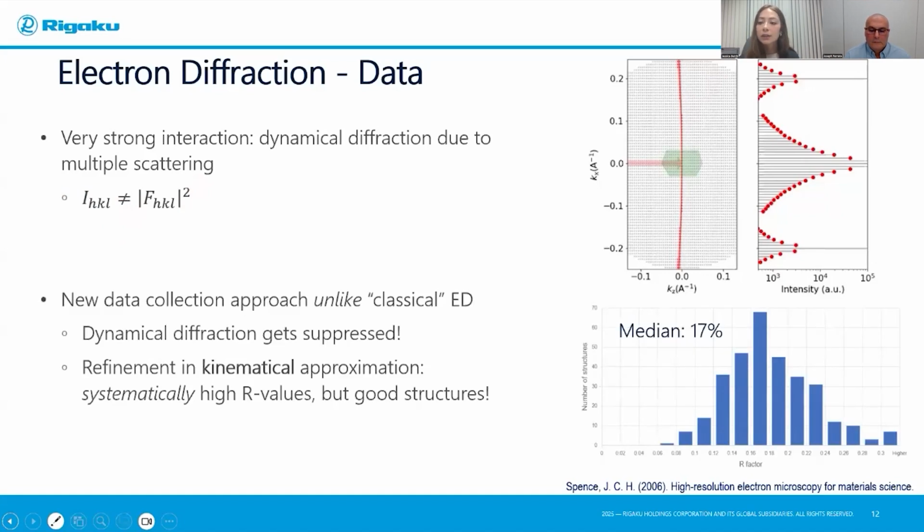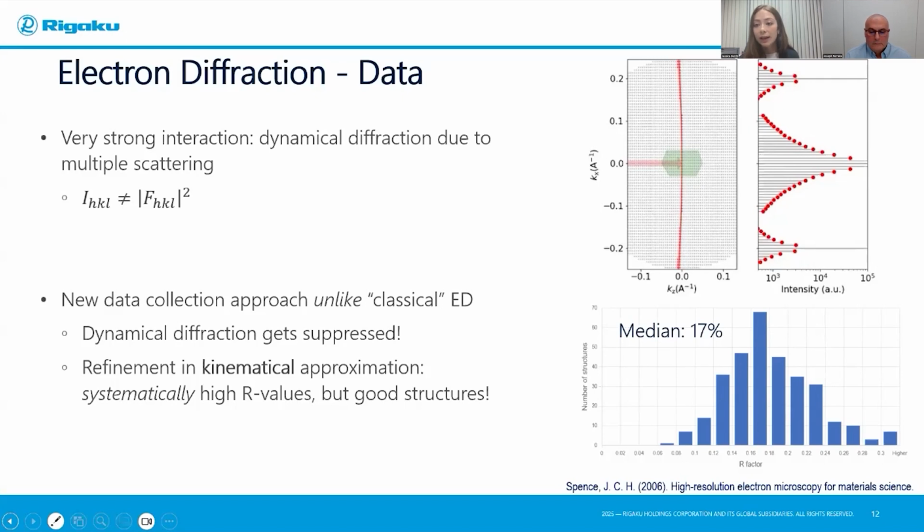And it wasn't until a deviation in the way that we collected electron diffraction data that we started to see we could suppress this dynamical diffraction. And we actually found that we're able to apply this kinematical approximation just in the same way that we do with single crystal X-ray diffraction to solve and refine our structures.